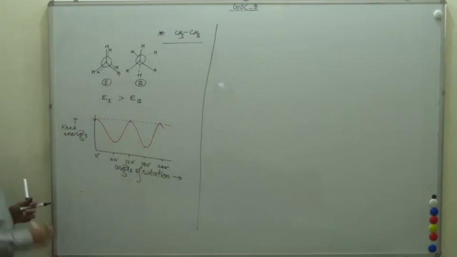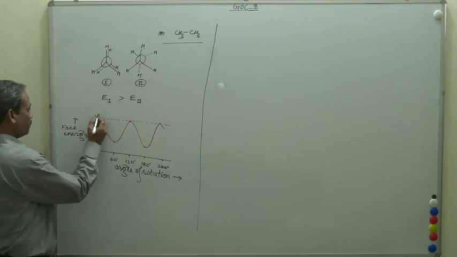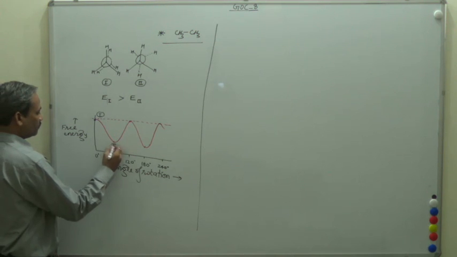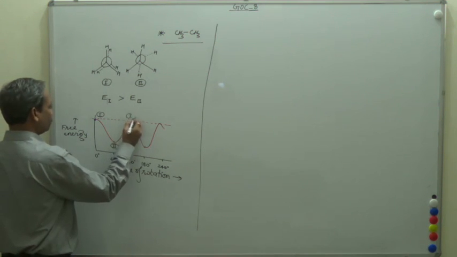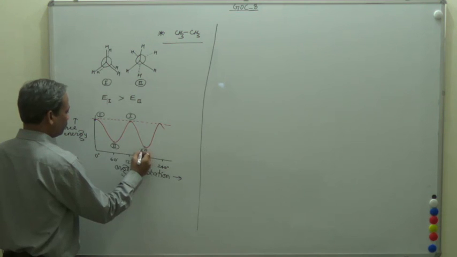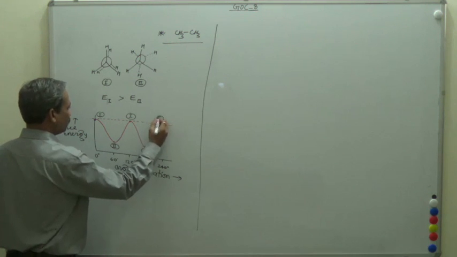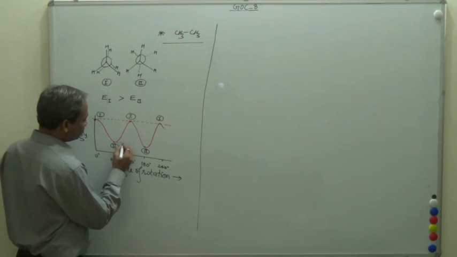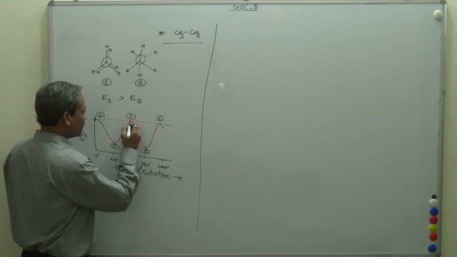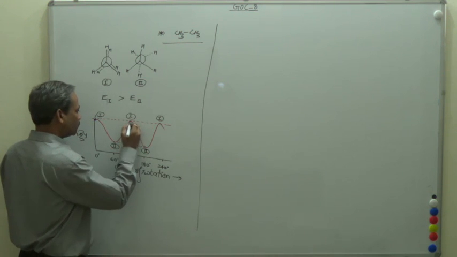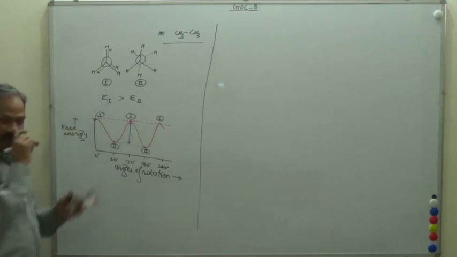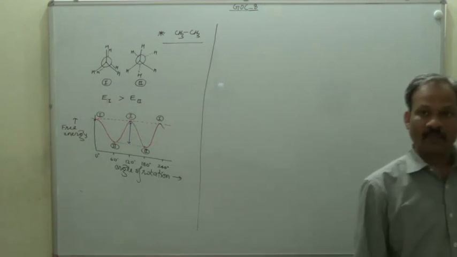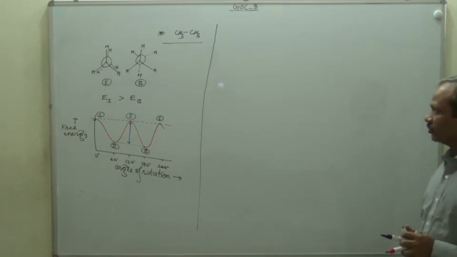This is the first form, this is the second form, this is again the first form, this is the second form, and this is again the first form. And the energy barrier between the first form and the second form is very small. For ethane it is 2.5 kilocalories per mole.